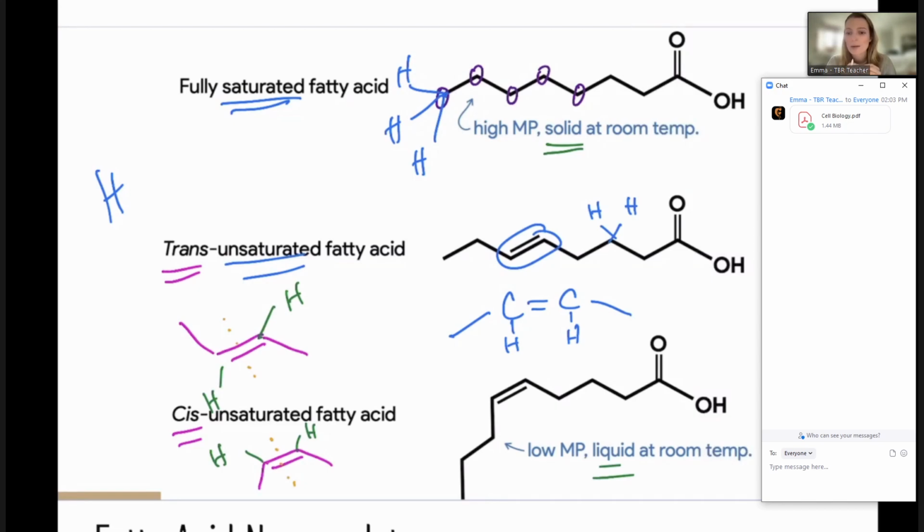So the bacon grease is solid at room temperature, so it's going to be saturated. I'm sorry if I said the other. It's going to be saturated. So I can put up here bacon grease and butter. Think about those kinds of things. Butter compared to olive oil. Very different states at room temperature.